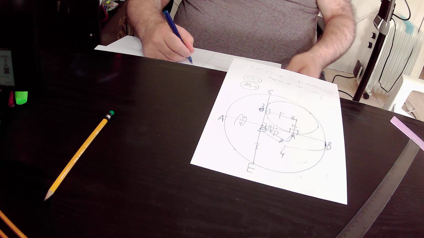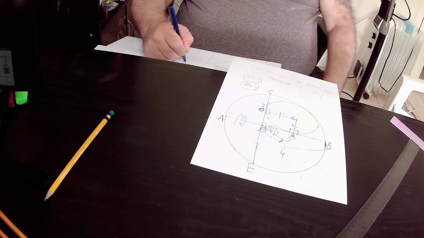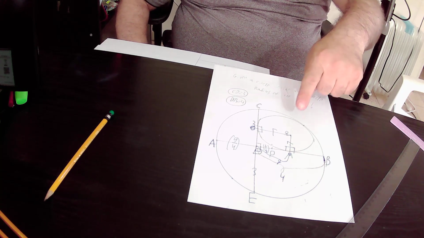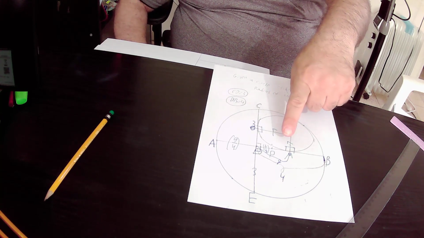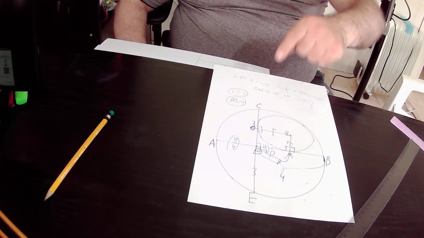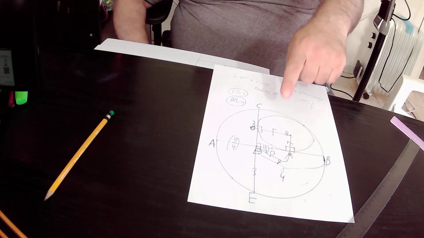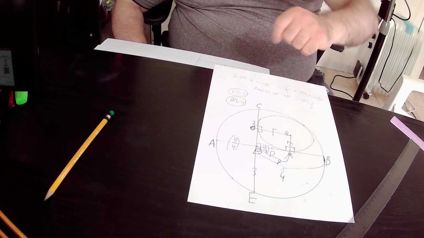So PM equals DM, which equals r according to what we have already found out, minus DP, and we have already found out that DP equals 7/8.